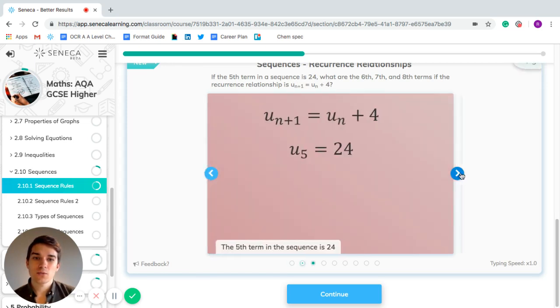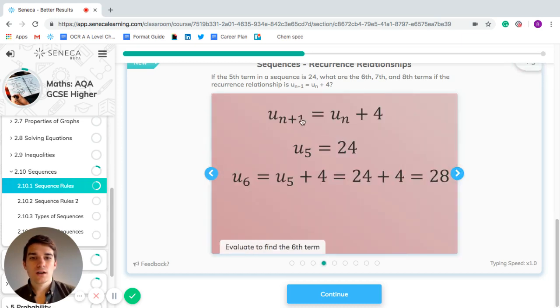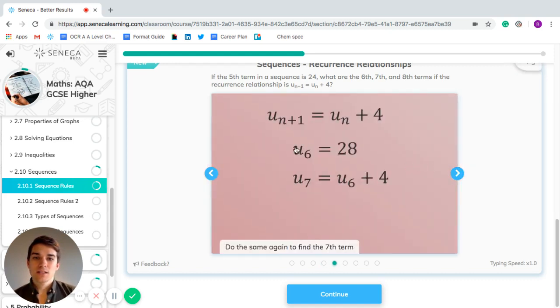And here we just work through the example. When we're thinking about the 6th term, we put in what the 5th term was. The 5th term was 24, so 24 plus 4 equals 28 for the 6th term. For the 7th term, put in the 6th term, which is 28, and we add 4.